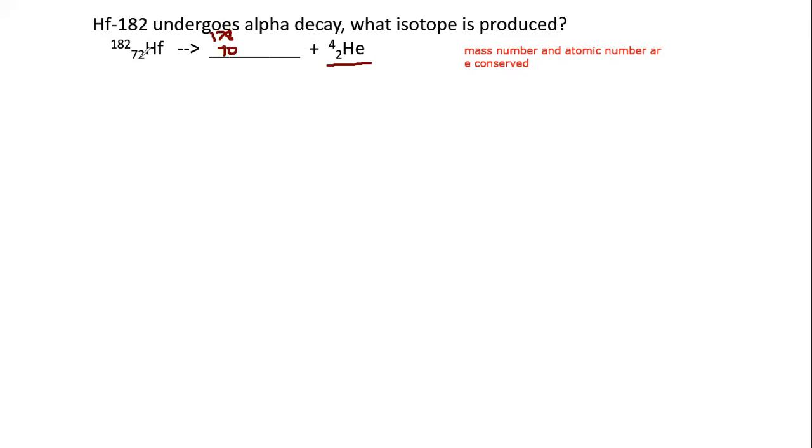So then you would go on the periodic table, you would see which element has an atomic number of 70, and that would be Yb. And so that would be the isotope that would form when hafnium-182 undergoes alpha decay.